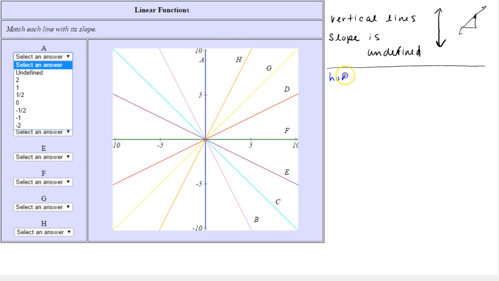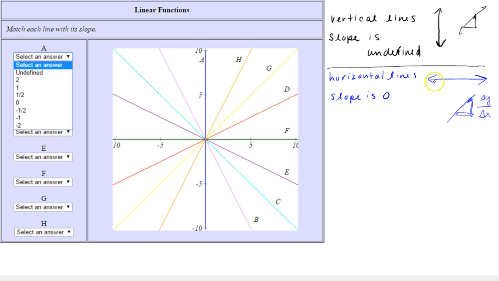Then we have horizontal lines. And horizontal lines look like this. And their slope is 0. And remember, the reason being is that the slope measures, again, the rise over the run. So you move over some amount and up some amount, and it's the change in the y over the change in the x.